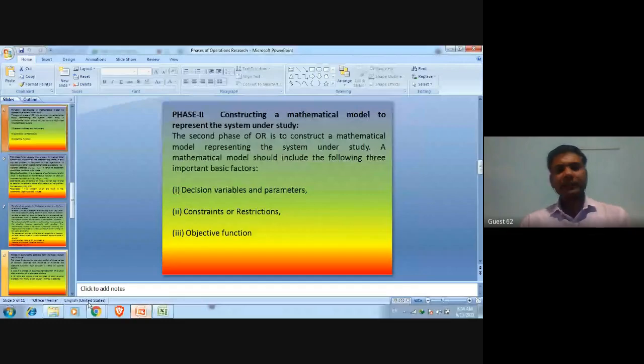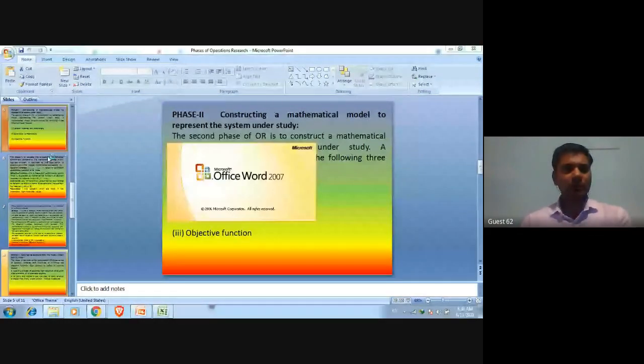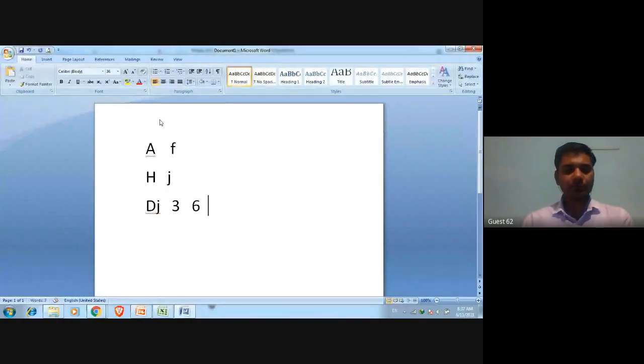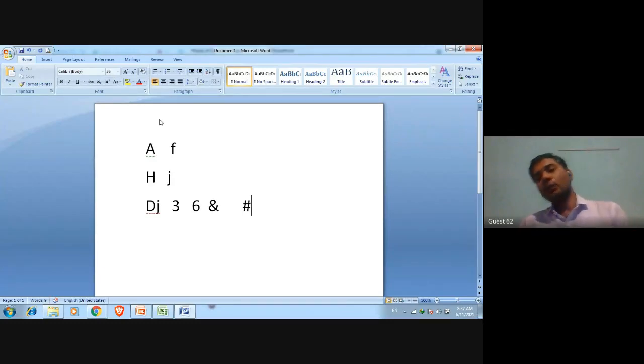I have written something here. There is no meaning of anything, just like A, F, H, J, they don't have any meaning unless we know about these symbols.